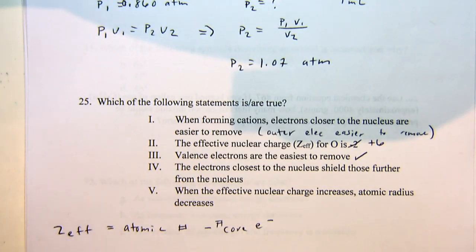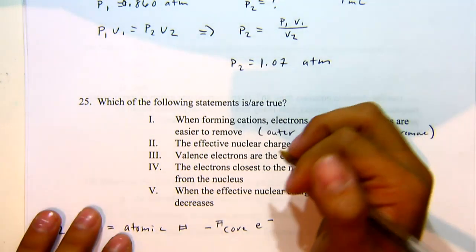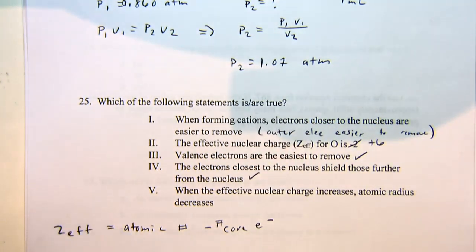The electrons closest to the nucleus shield those further from the nucleus. That is true. And when the effective nuclear charge increases, atomic radius decreases. That is another true statement.